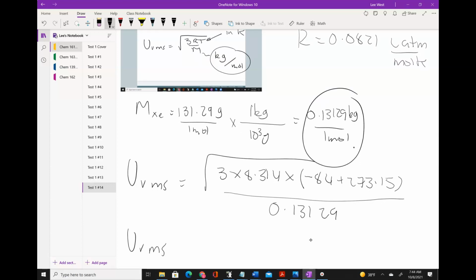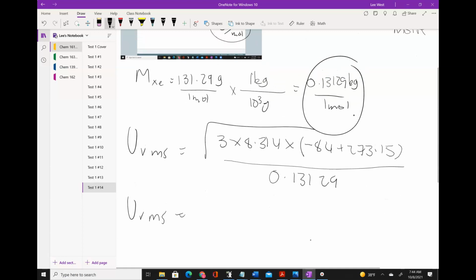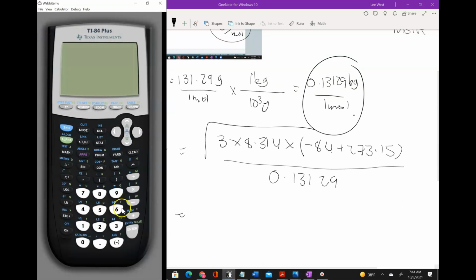So the root mean squared speed ends up being, let's do it, second function square root, 3.